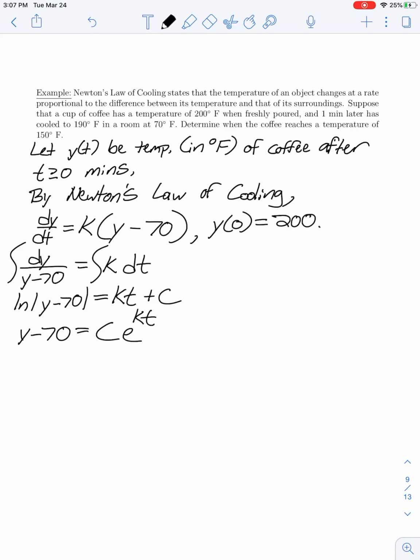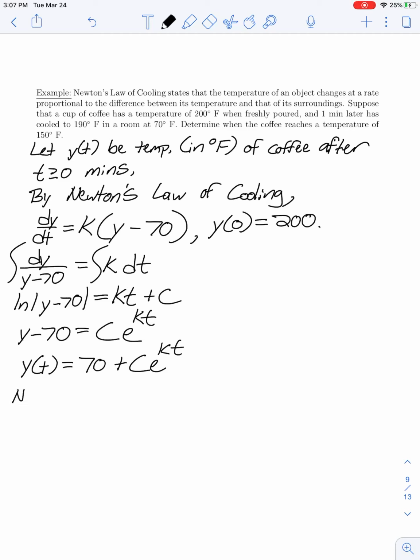But whether we have a positive or negative constant, we could still just call it c. So we find then that y, as a function of t, is equal to 70 plus c times e to the kt power.